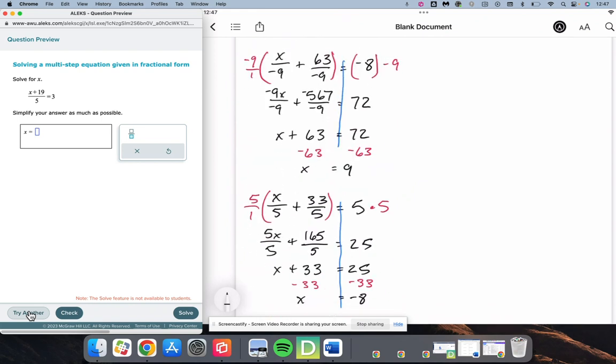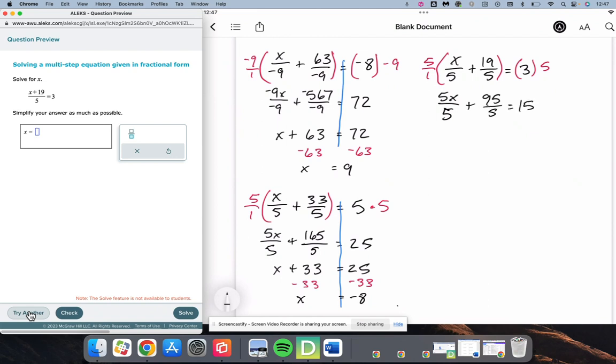We'll do a couple more. We have x over 5 plus 19 over 5 is equal to 3. I will choose to multiply both sides by 5, because I know that will allow the fractions to divide out evenly. So I've got 5x over 5 plus 95 over 5 is equal to 15.